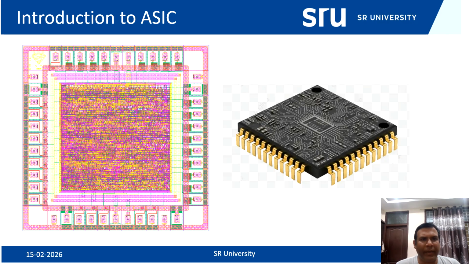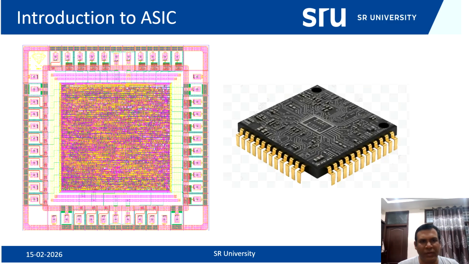So ASICs are widely used in modern electronic systems where speed, efficiency, and compact size are critical. Some common examples include mobile processors, which are designed specifically for smartphones to handle communication, graphics, and signal processing efficiently. Another example is cryptocurrency mining chips, which are optimized to perform complex mathematical calculations required for blockchain mining.